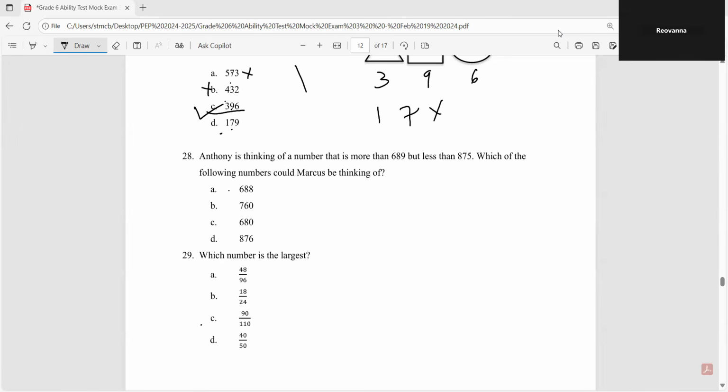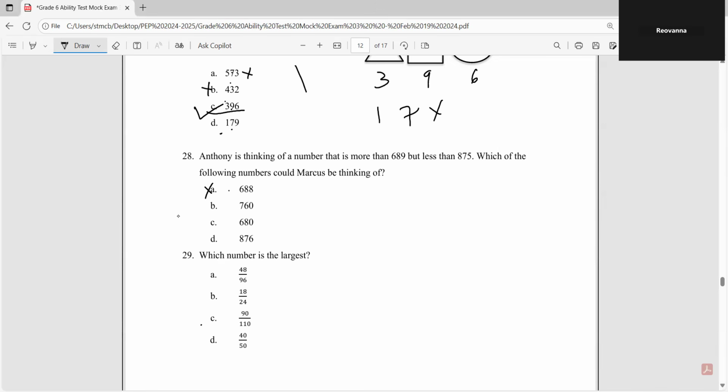Write down the numbers. We would write down 688, 766, 680, and 876. So first it says Anthony is thinking of a number that is more than 689 but less than 875. So therefore, A couldn't be the answer because it's more than 689 and 688 is less than 689.